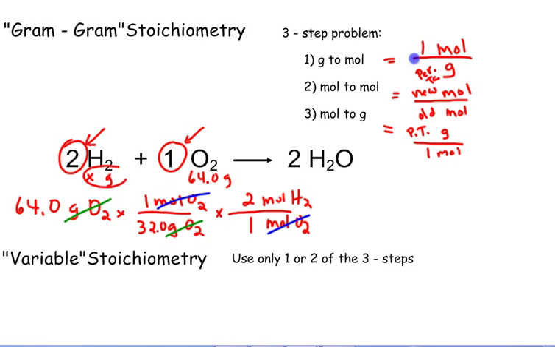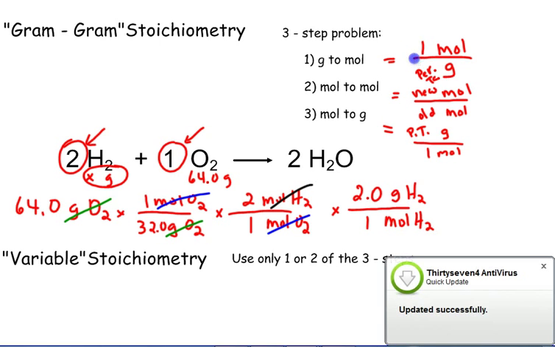But we're trying to find grams of hydrogen. So one more fraction, moles of H2 in the denominator, grams of H2 in the numerator. This is a periodic table, molar mass. 1 mole of H2 is 2.0 grams of hydrogen.